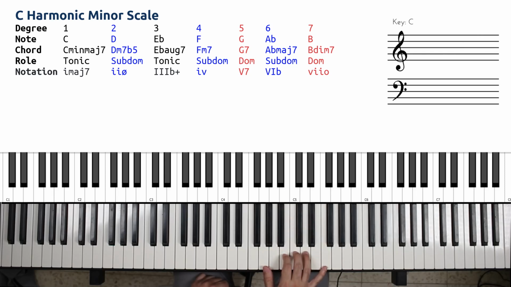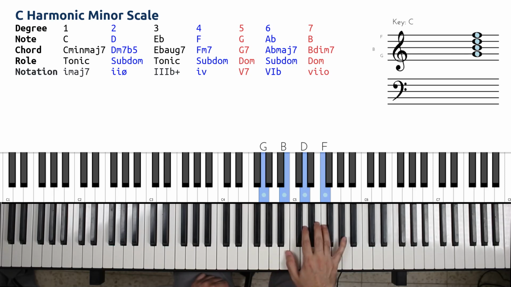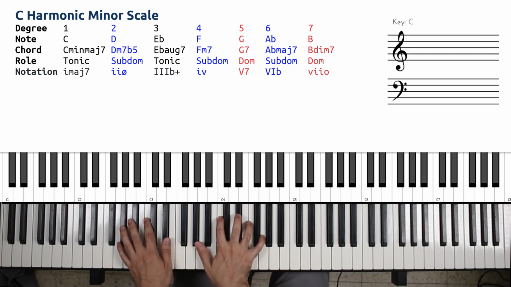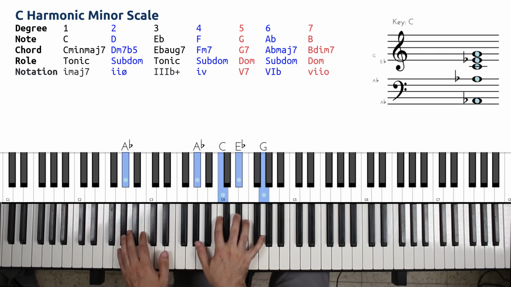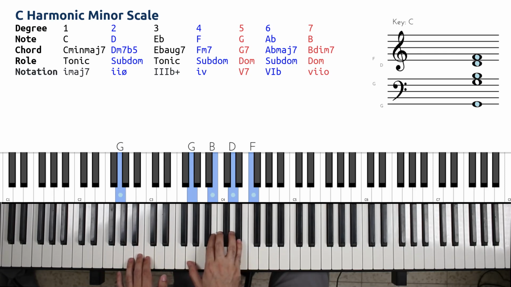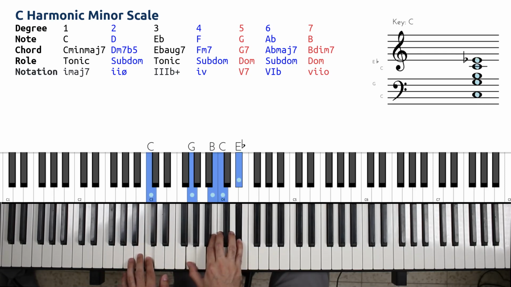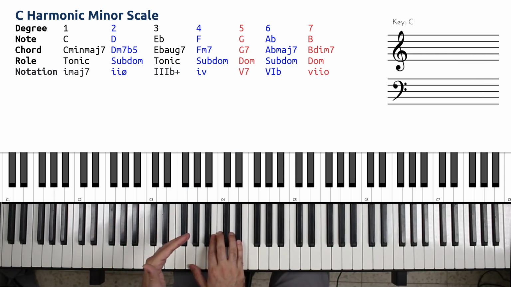And finally, both the fifth degree and the seventh degree play a dominant role. And you can hear this. For example, we can play a 6 to 5 to 1. That would be a subdominant to dominant to tonic.